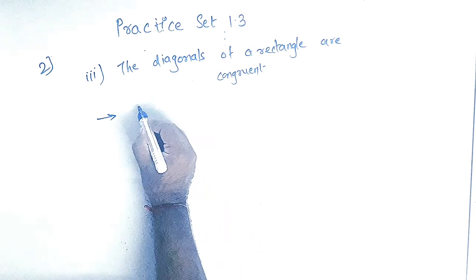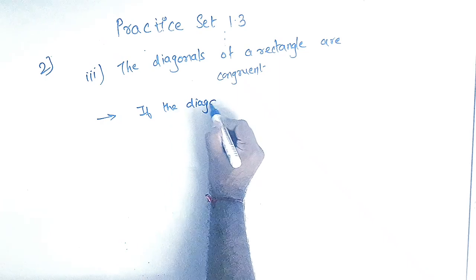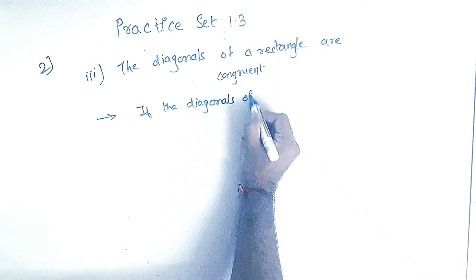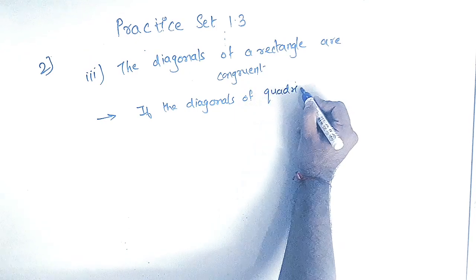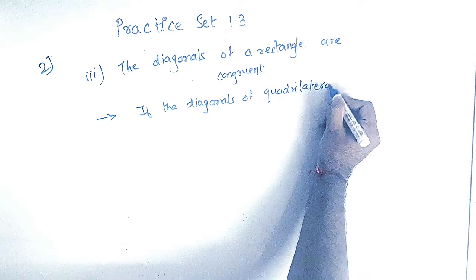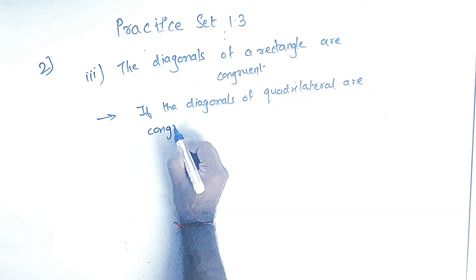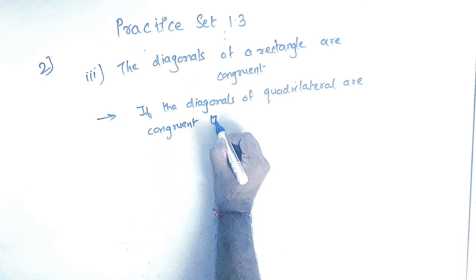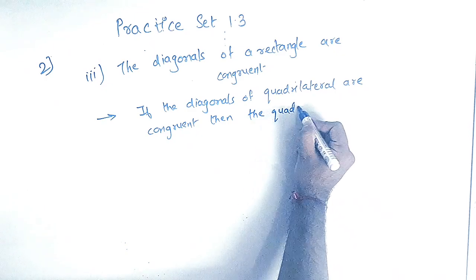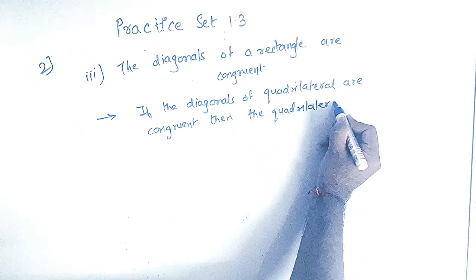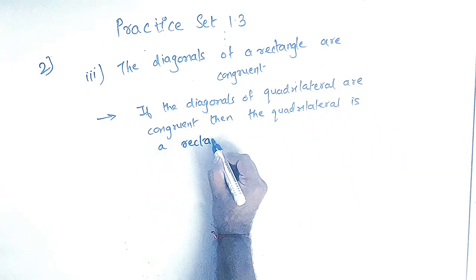So we will write: if the diagonals of a quadrilateral are congruent, then the quadrilateral is a rectangle.